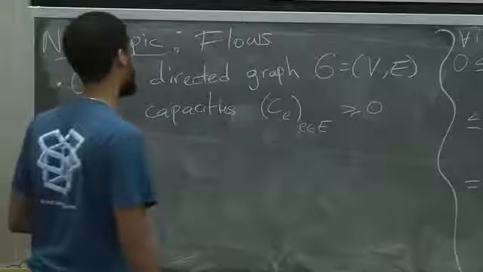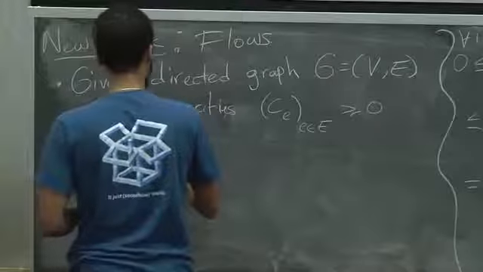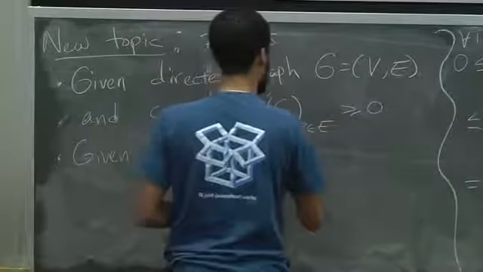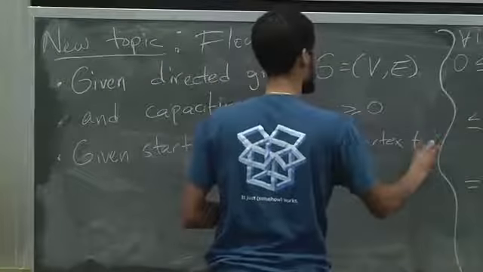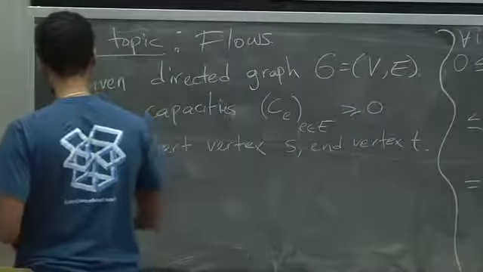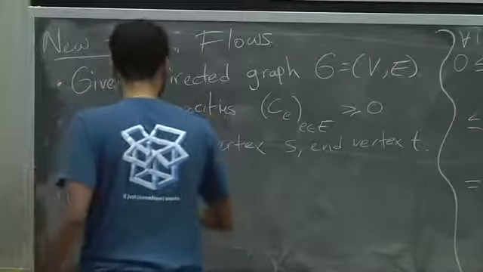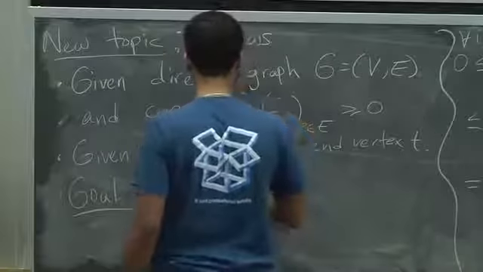We're also given a start vertex S and end vertex T. The goal is to output a flow vector.